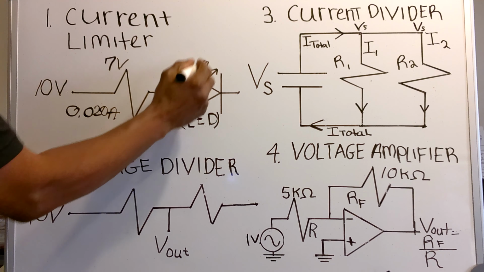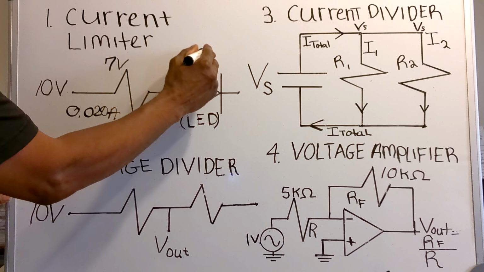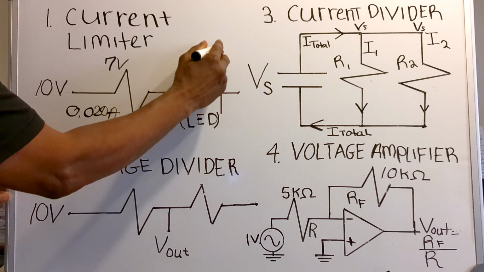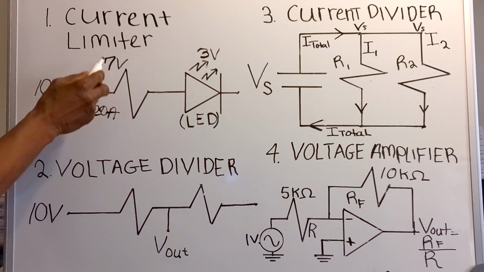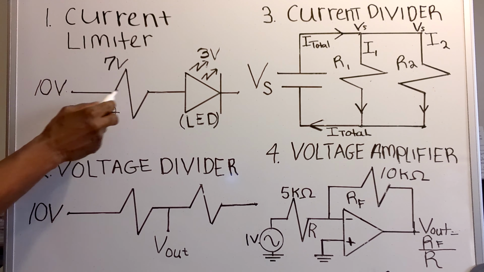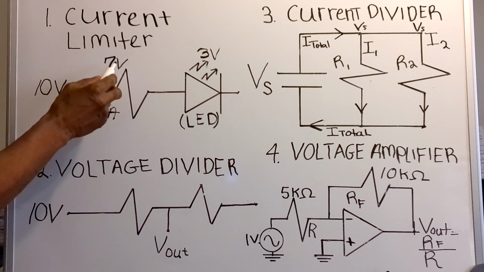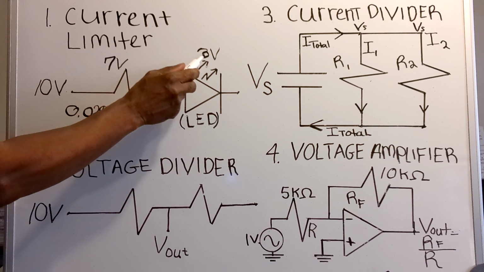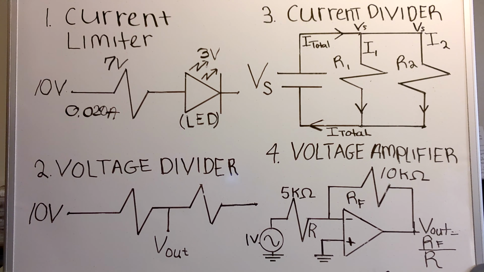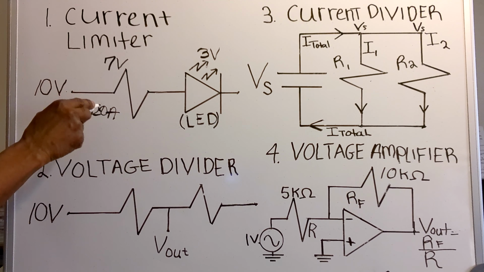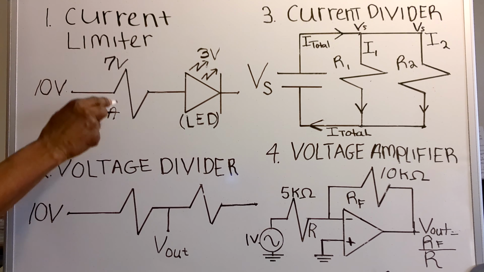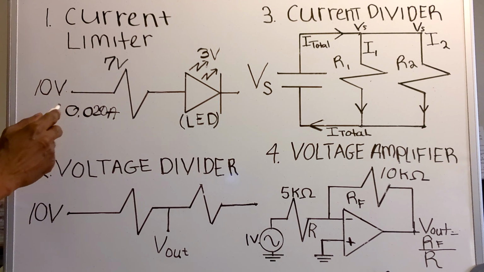I know that my LED voltage is 3 volts, which means that the voltage drop across my resistance will be 7 volts, because 7 volts and 3 volts equals 10 volts. So how do I determine what value of resistance goes here?